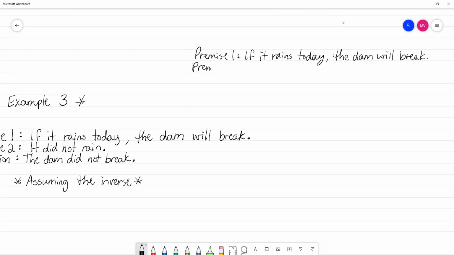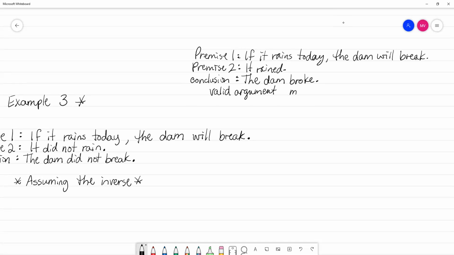Premise 2, it rained. Therefore, your conclusion is what? The dam broke. This is a valid argument using, it looks like, modus ponens.